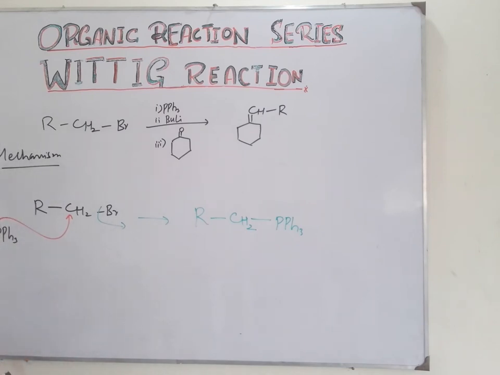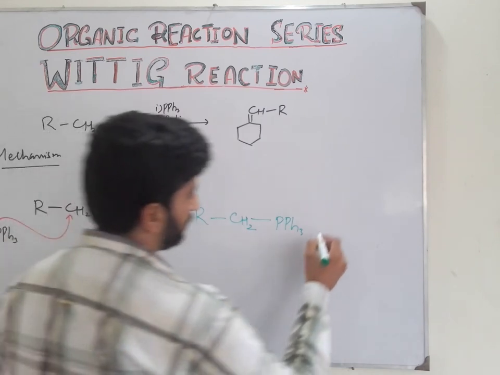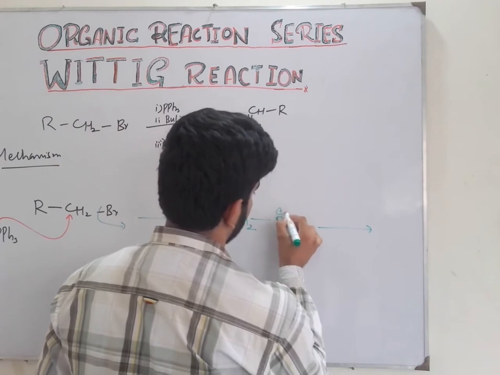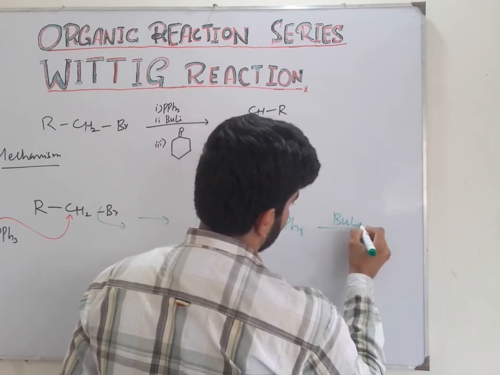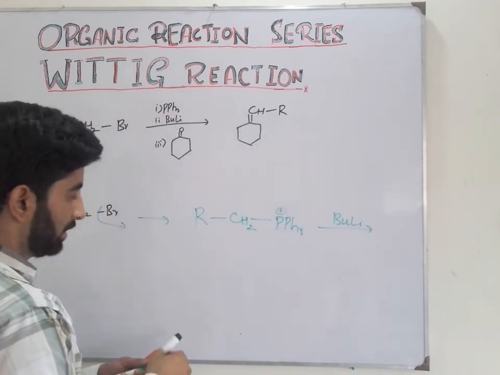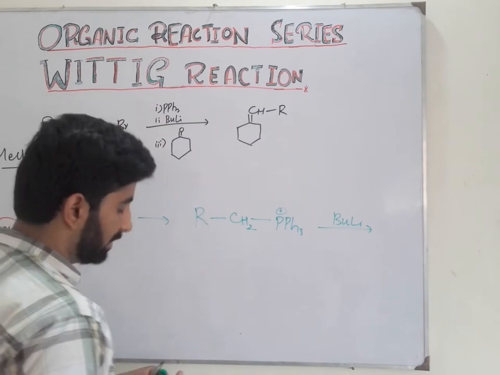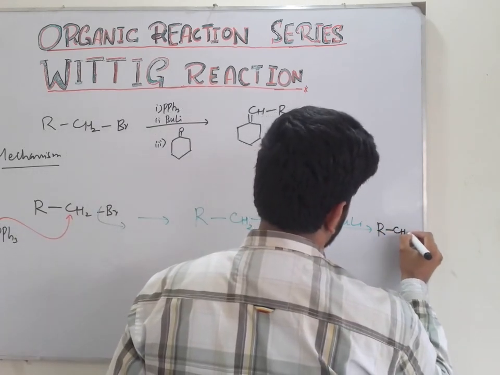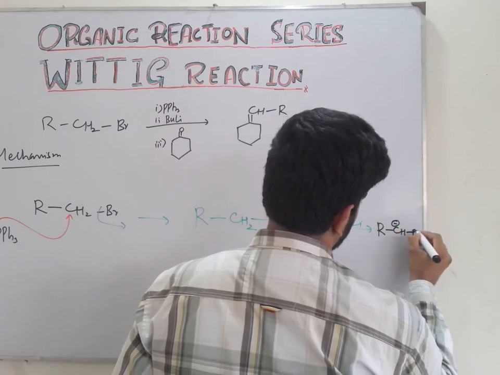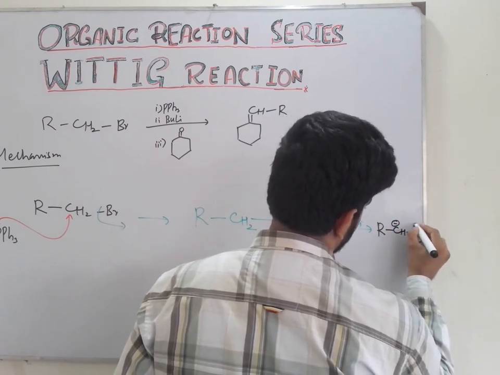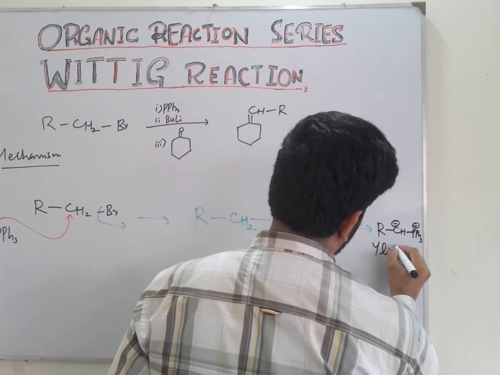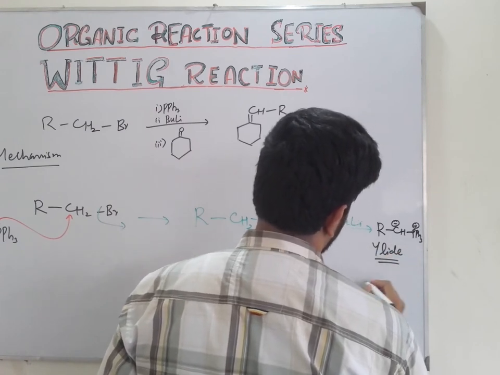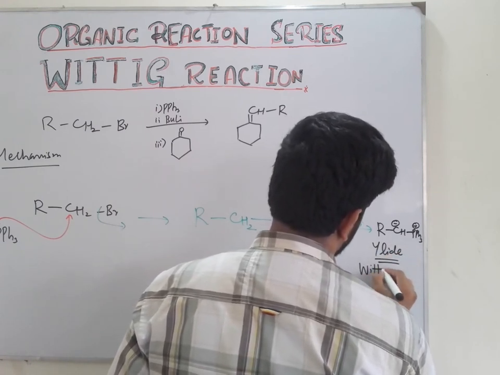In the next step, we add butyl lithium, that is a strong base, and there is formation of ylide. Ylide is formed, or it is also known as a Wittig reagent.